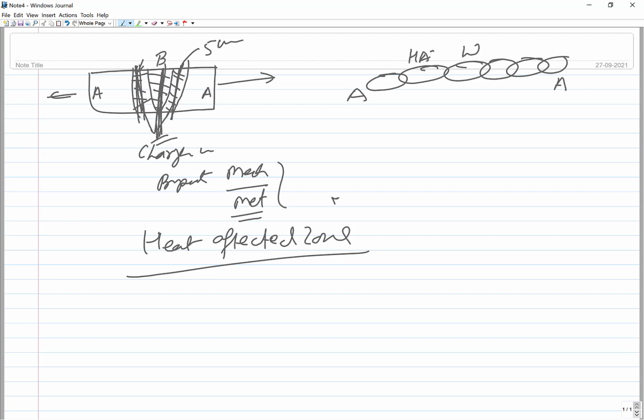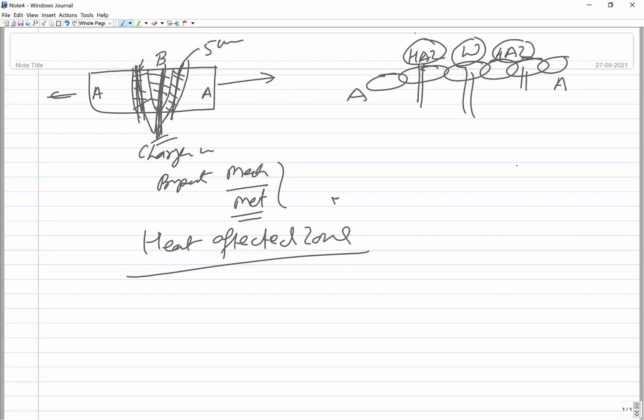Here you have the HAZ on one side, and another HAZ on the other side. The link which fails tells you what is weak: if the failure is occurring from this link, the HAZ is weak; from this link, this side HAZ is weak; from this link, the weld is weak. So the joint is just helping to develop a chain so that it can transmit the load, develop the connection, and allow the flow of current, like that.